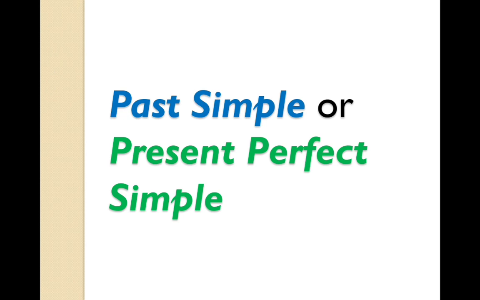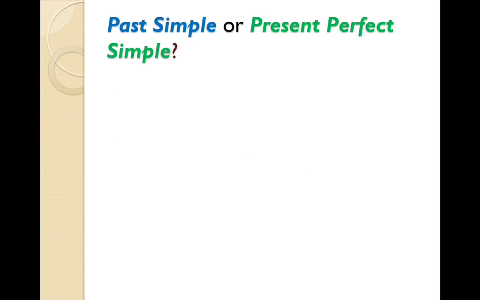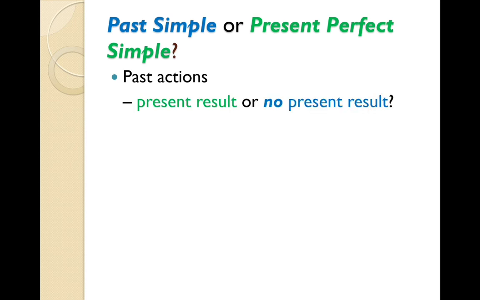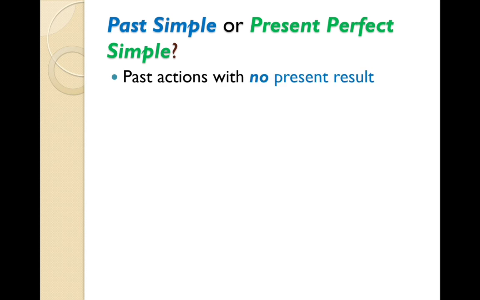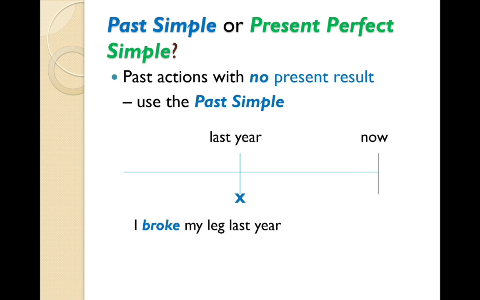So, let's look at the past simple versus the present perfect. Past actions, present result or no present result. Past actions with no present result, use the past simple. I broke my leg last year.